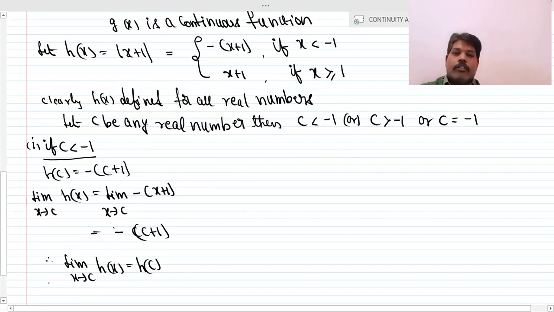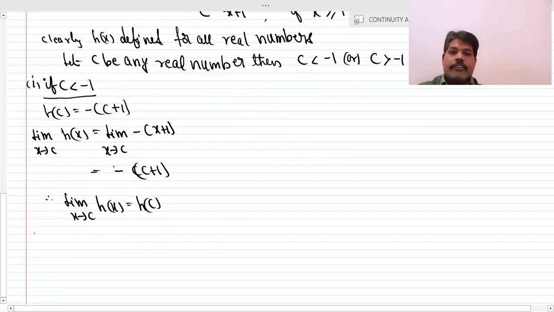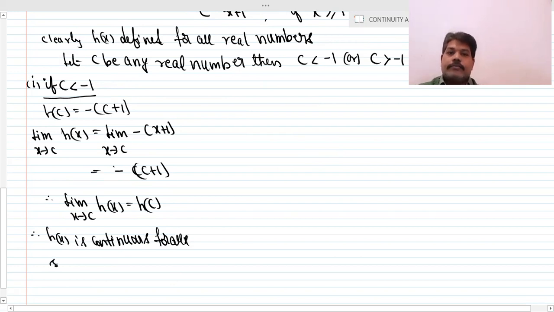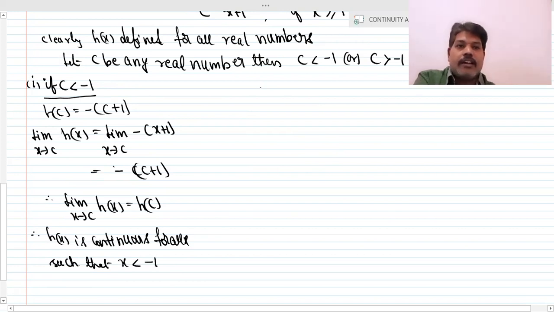So therefore h of x is a continuous function for all x such that x is less than minus 1.